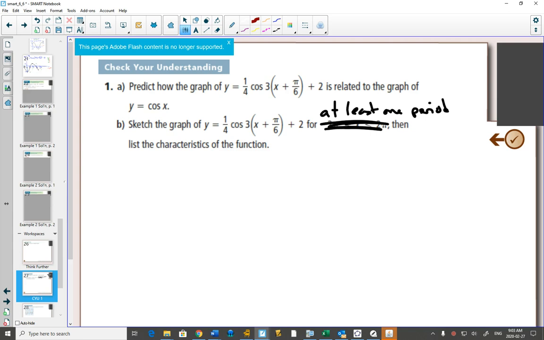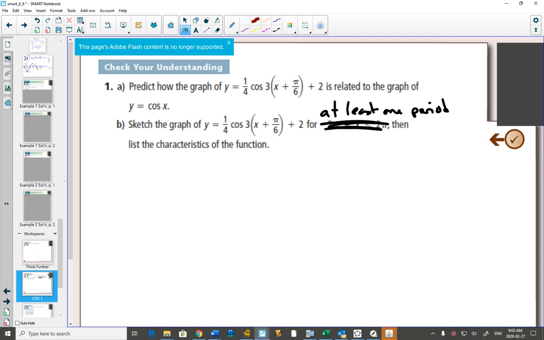Well, the 1/4, let's just write things above here. What's that 1/4 do? Vertical compression. You're going to multiply your y values by 1/4. We also can now add to that our amplitude is 1/4.